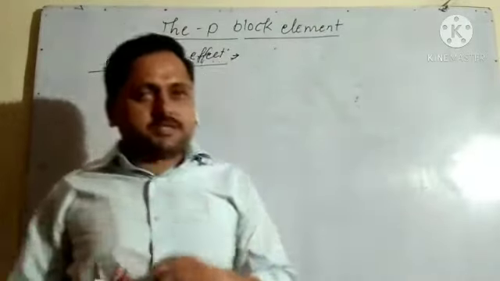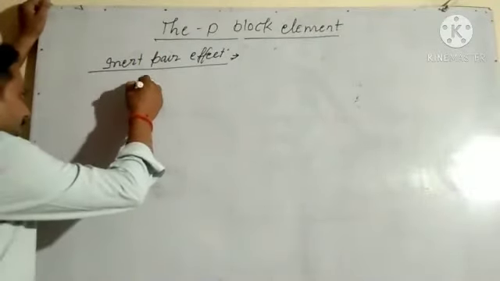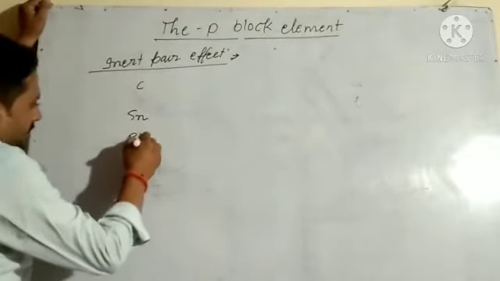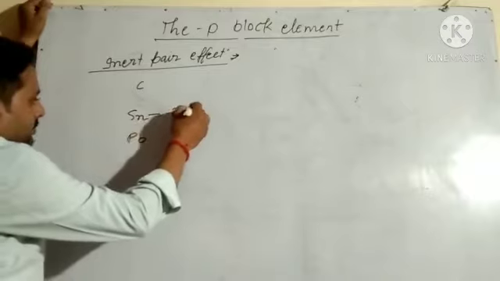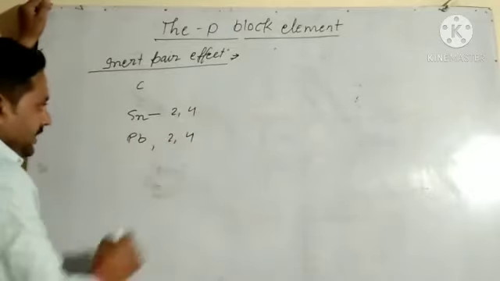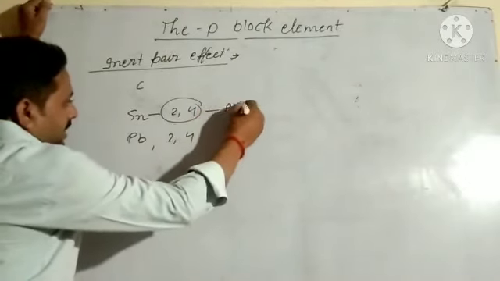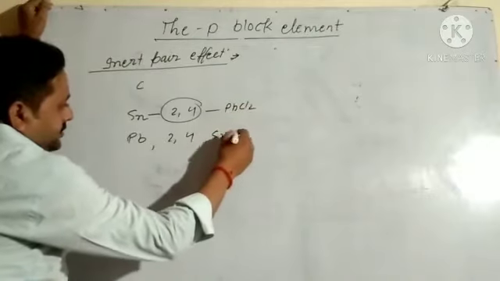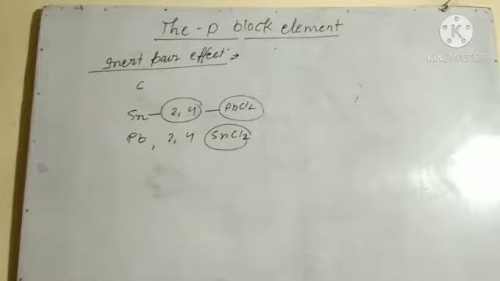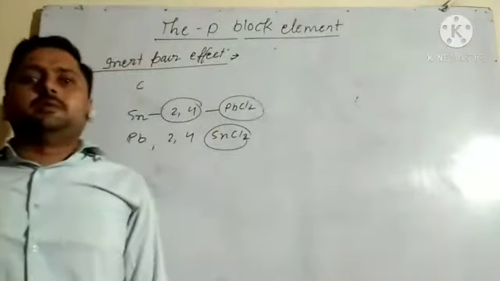Like if we see in carbon family, Sn and Pb show 2 and 4 valency. But Pb is more stable in PbCl2, and Sn is more stable in SnCl4 due to inert pair effect. So inert pair affects the chemical properties and stabilities of the compounds.